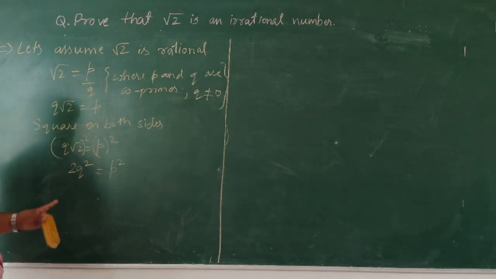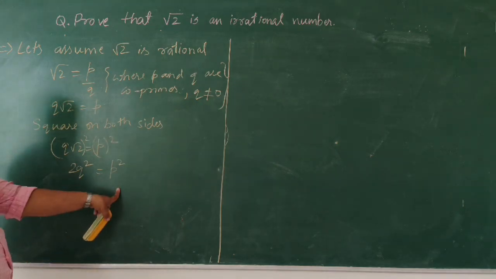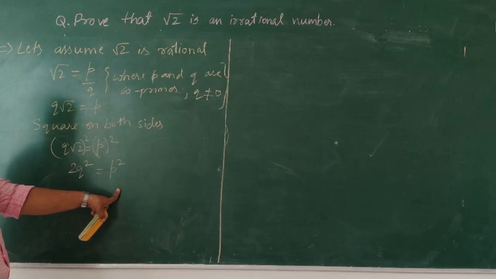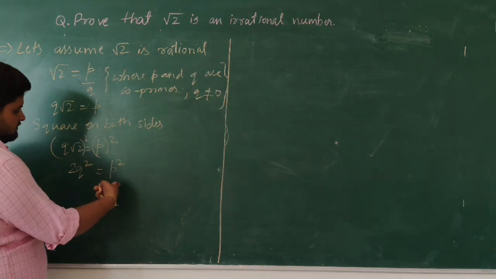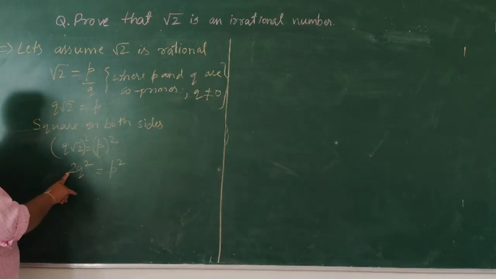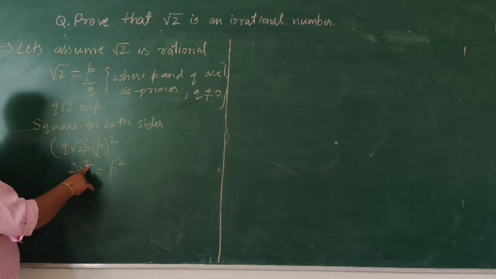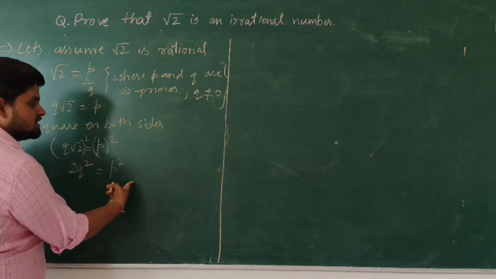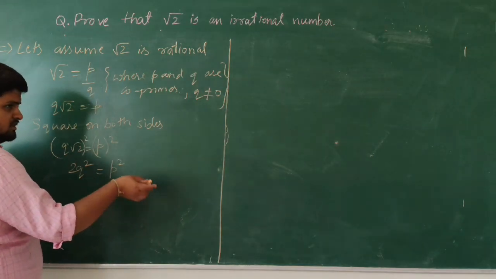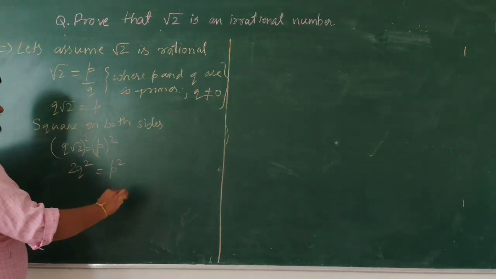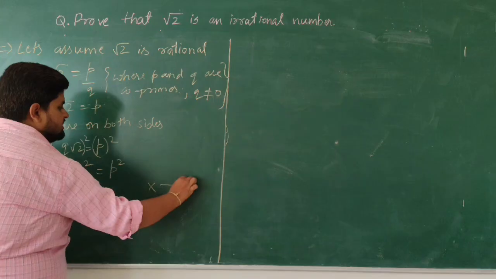Okay. Now what I will do? I will take this 2 to the LHS, to the RHS, I am sorry. So now I will take this 2 to the RHS. Here we are having 2 multiplied by Q square is equal to P square. When 2 is being multiplied to Q square, if I take this 2 to the RHS, what will become? You remember, whenever you are moving something from LHS to RHS or RHS to LHS, multiplication will become division.